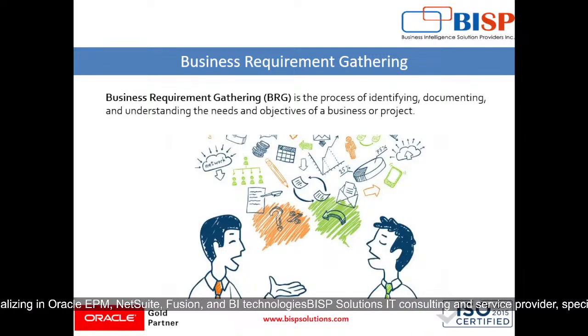Then the requirement elicitation technique, which means we use methods such as interviews with stakeholders, workshops for group discussion or GD, surveys or questionnaires for broader input, analyzing documents for existing processes or systems, or observing current workflows.